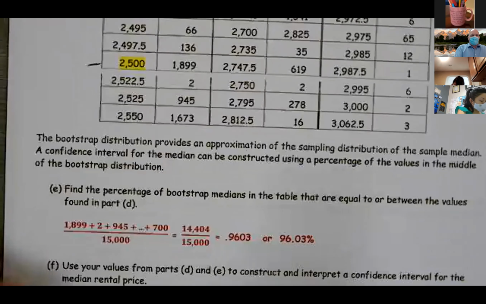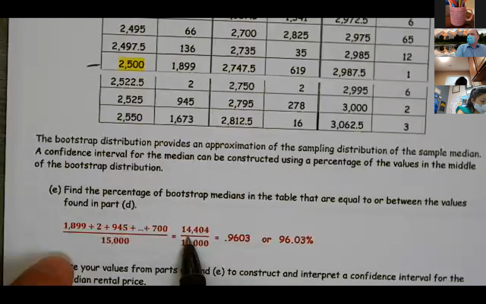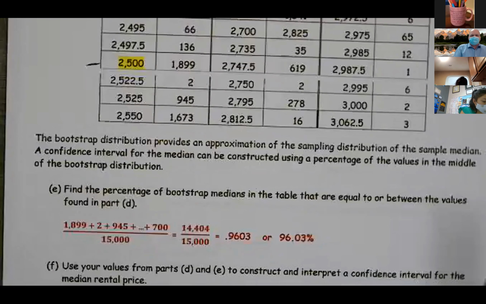I added them all up and got 14,404. I divided by 15,000, and I got 96%.